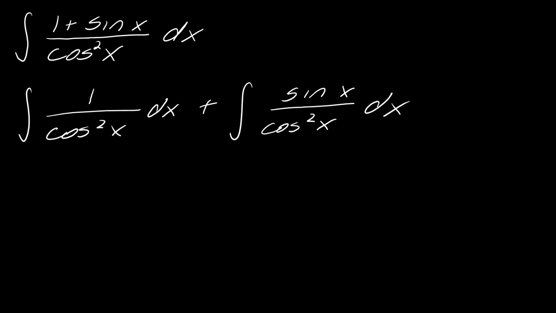And then you have options. For 1 over cosine squared x, I know that can be rewritten as secant squared x. And the integral of secant squared x is, of course, tangent, so that one is good to go. And then for this other one, I've actually seen students do all kinds of things with these types of problems.